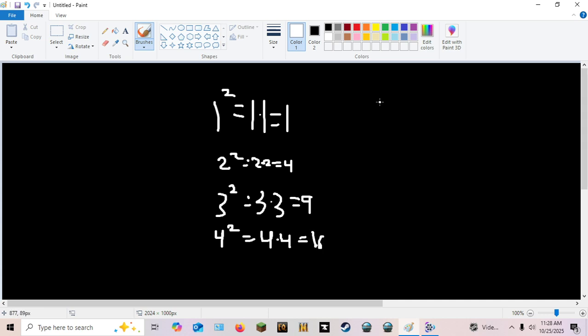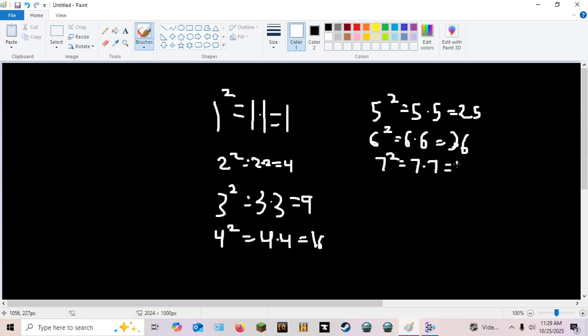And then 5 squared equals 5 times 5, which is 25. 6 squared is 6 times 6, which is 36. 7 squared equals 7 times 7, which is 49. 8 squared equals 8 times 8, which equals 64. 9 squared equals 9 times 9, which is 81.